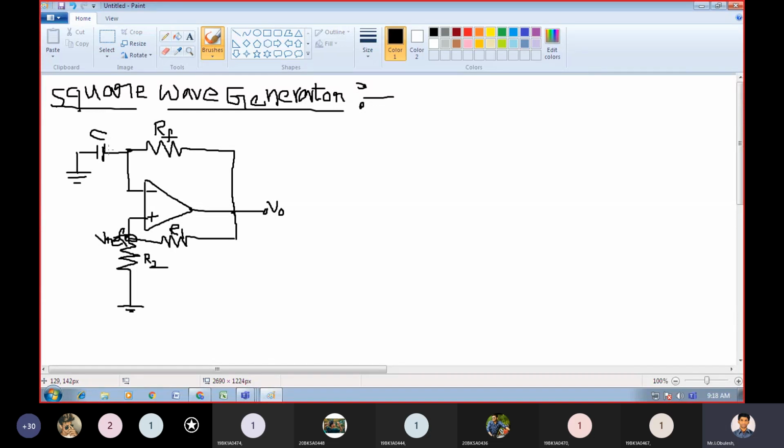You need to see the diagram carefully. This acts as a comparator. Why? Because here we have a reference voltage, so you compare two input voltages with the help of the reference voltage.